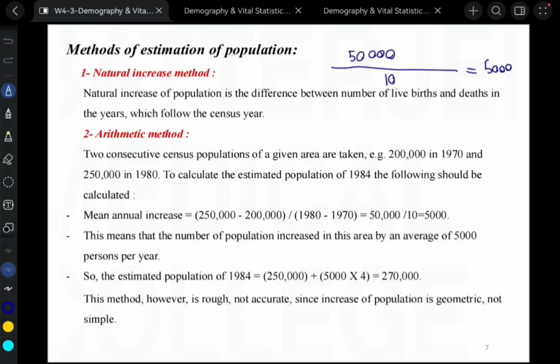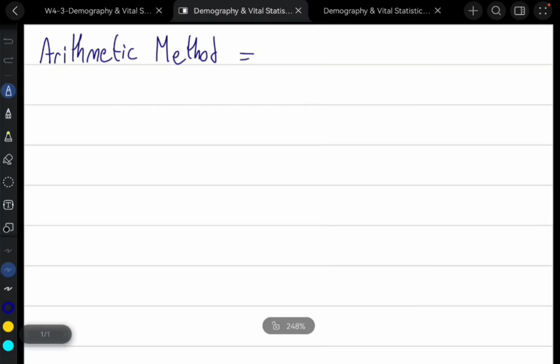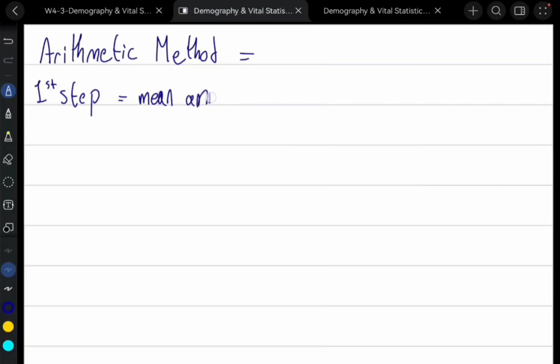Mean annual increase. Let's say first step, mean annual increase.